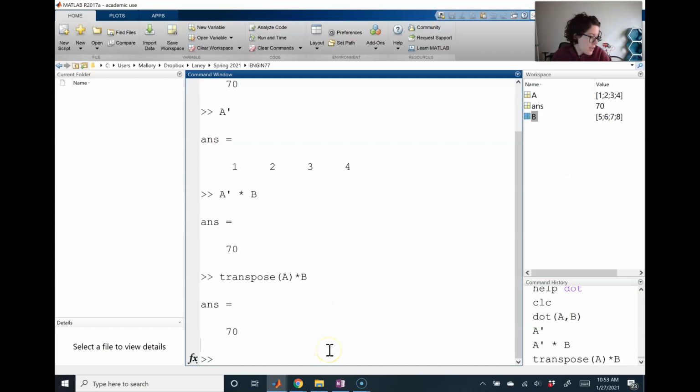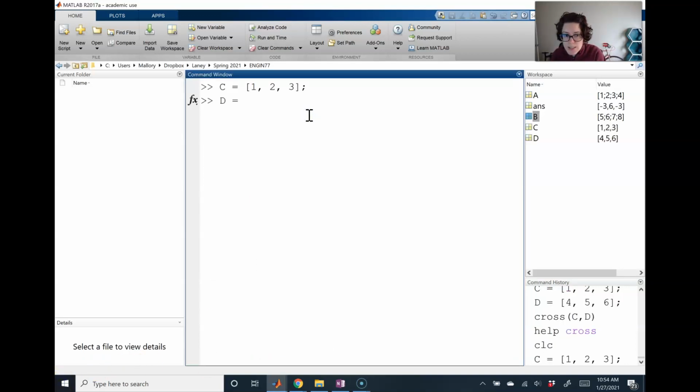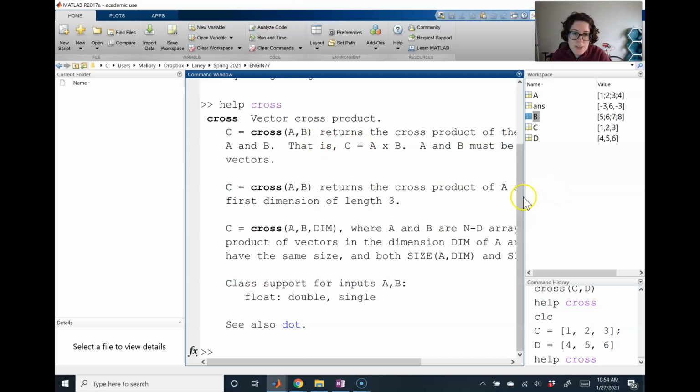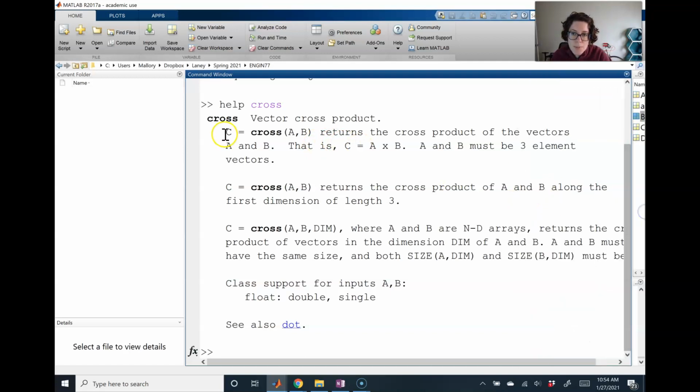Now let's define two more vectors. So let's say C is equal to 1, 2, 3. And then we'll do D is 4, 5, 6. Let's look at what cross is. So it says cross A, B, so this gives us the syntax.